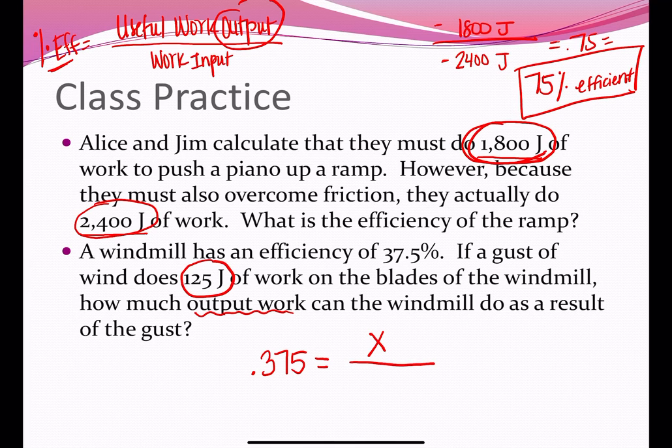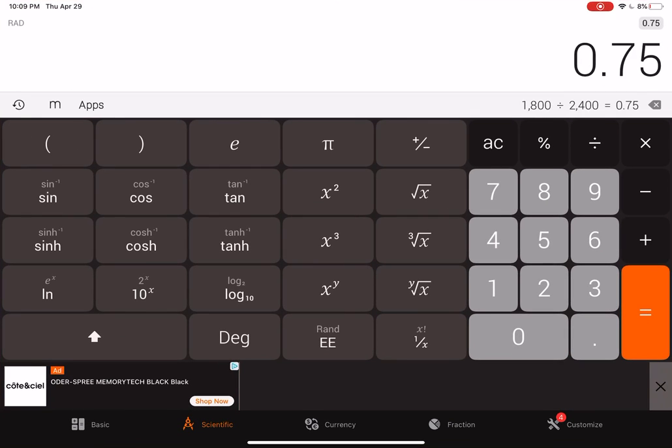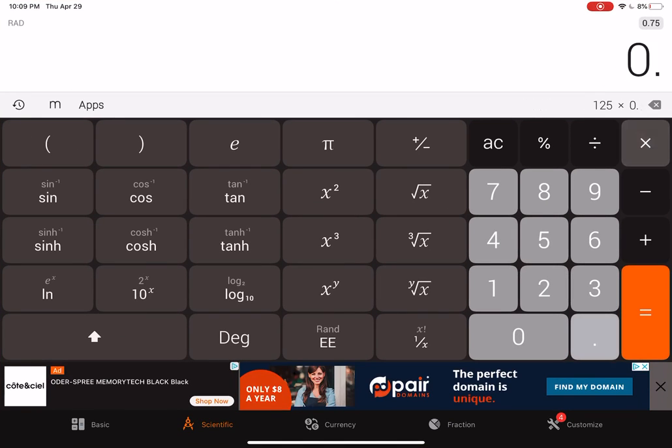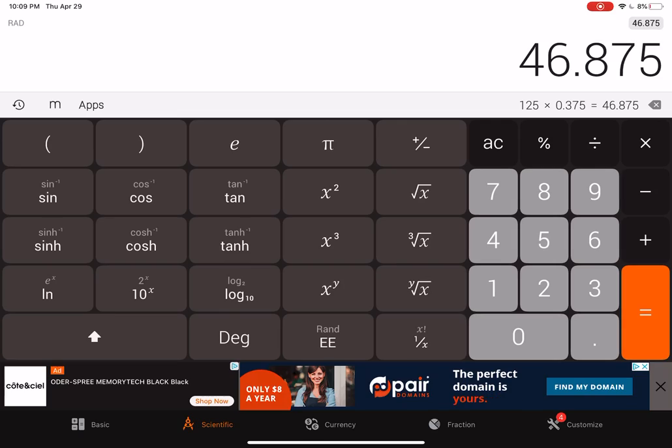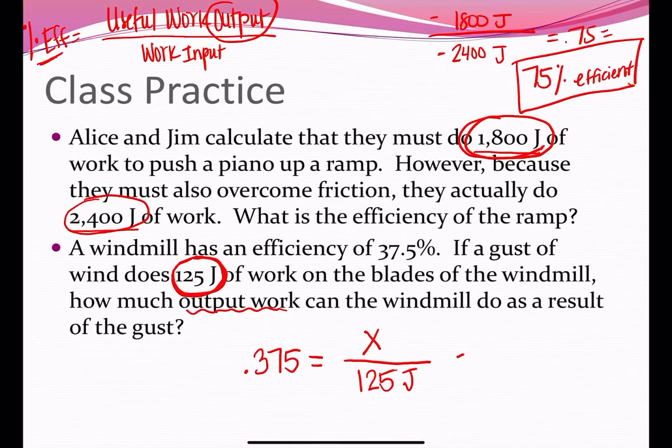The gust of wind, the work that's actually put in, is the 125 joules. So we're going to multiply 125 joules times 0.375 and get 46.9 joules.